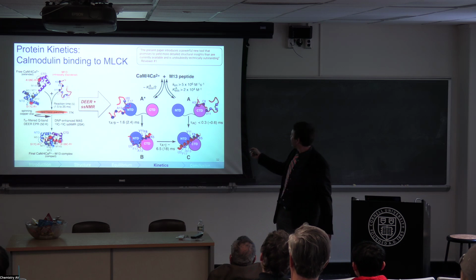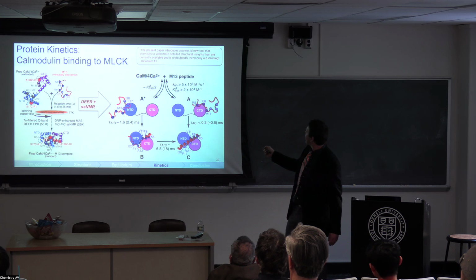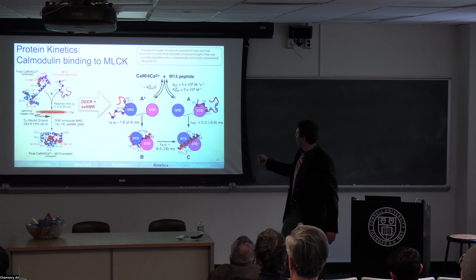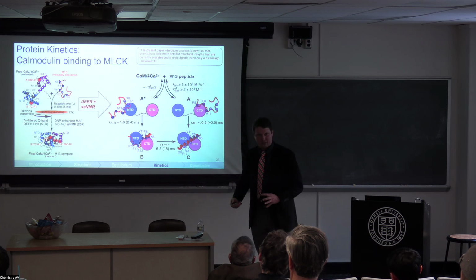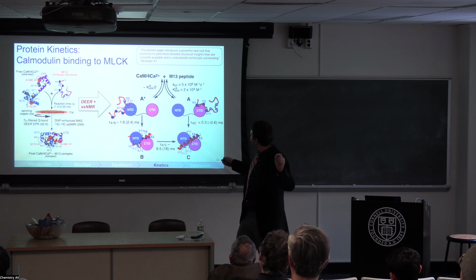Either way, in case of the state where the C-terminal interacts, it will rapidly snap into its final state. However, if A star occurs and it interacts with the C-terminal domain, then a rearrangement needs to occur, in which case the C-terminal domain and the N-terminal domain come together.